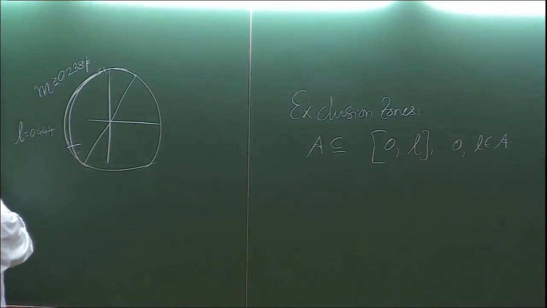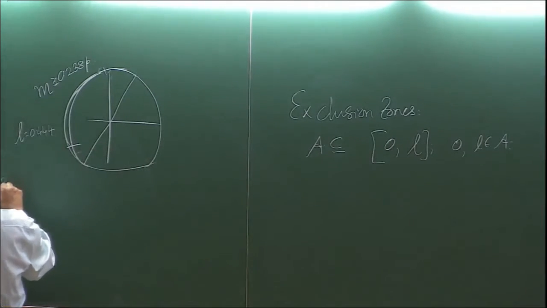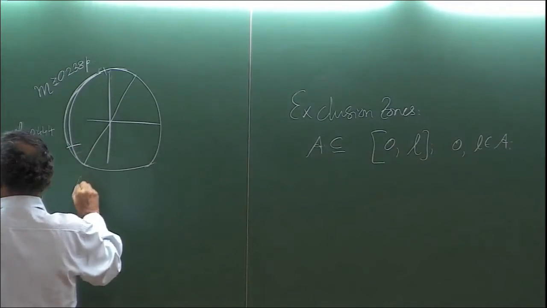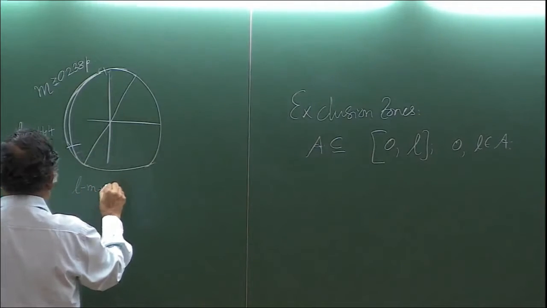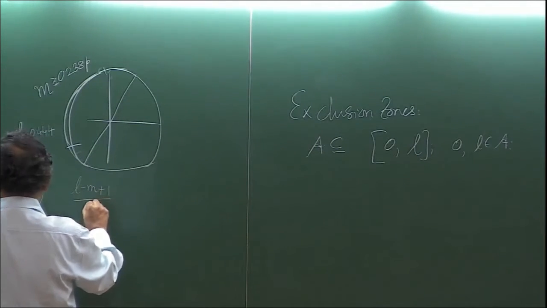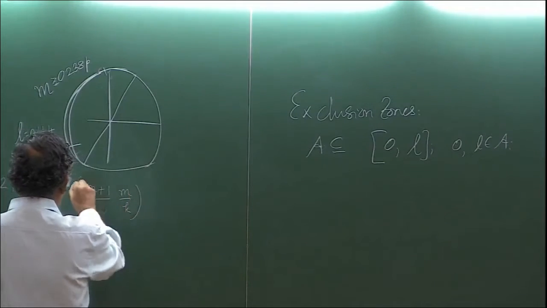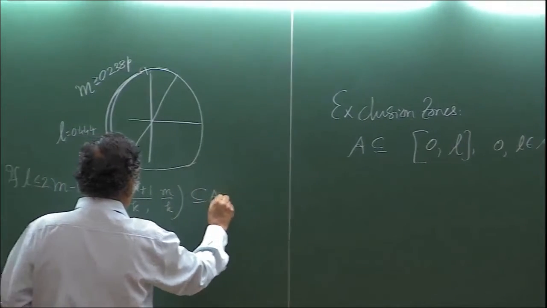If L is lesser or equal to 2m minus 2, which is really the case for us, then L minus m plus 1 divided by k and m over k is contained in A minus A.